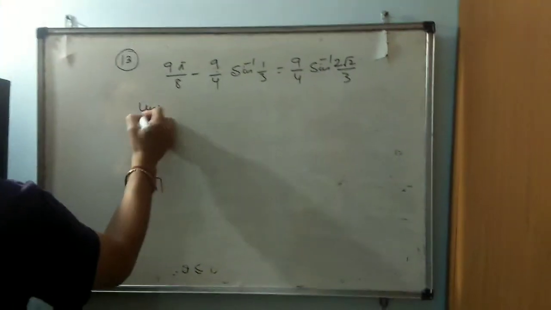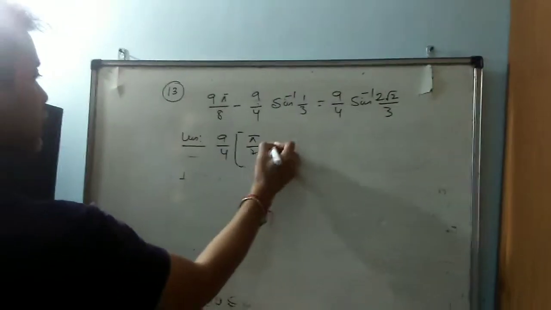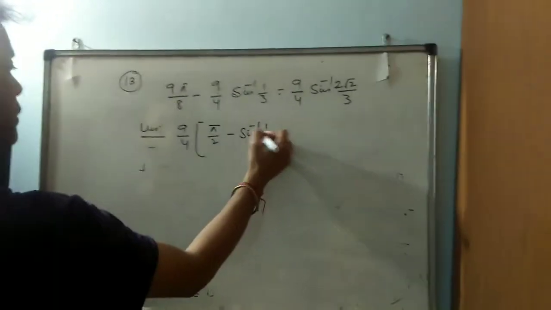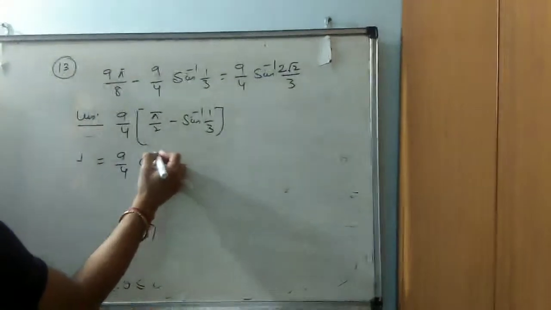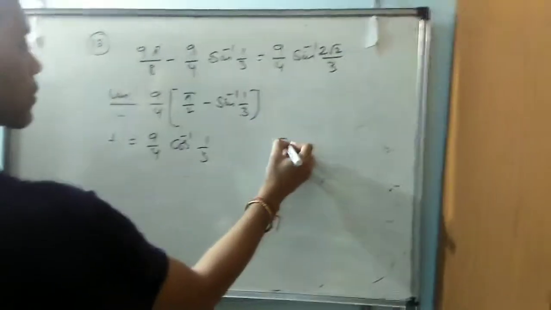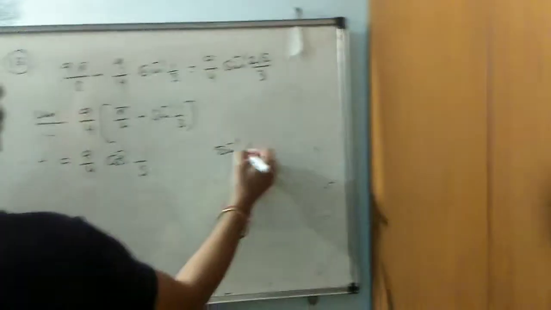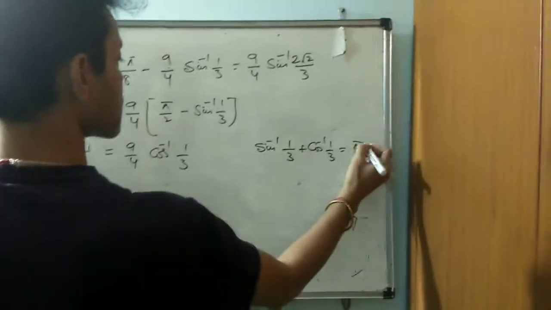Proceeding from left hand side, take 9 by 4 common, because that will give you pi by 2 minus sine inverse 1 by 3. Now this becomes cos inverse 1 by 3, as sine inverse 1 by 3 plus cos inverse 1 by 3 is equal to pi by 2.